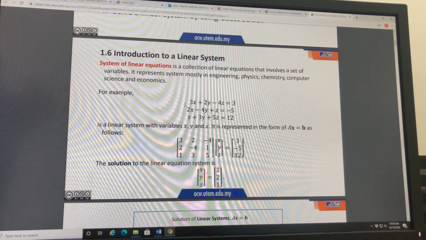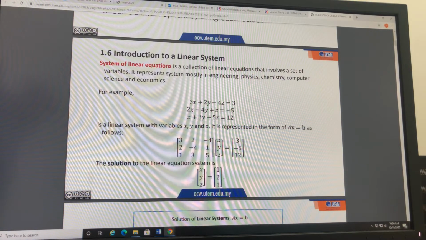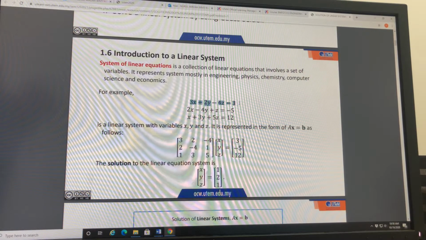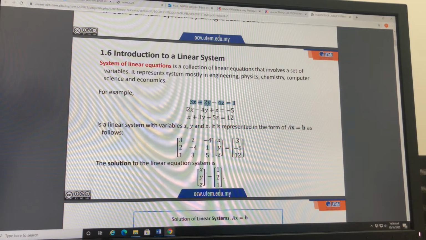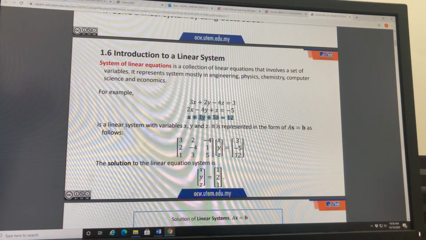Here is an example. The equation that I highlight here is the first linear equation. This one is the second linear equation, and this is the third linear equation.